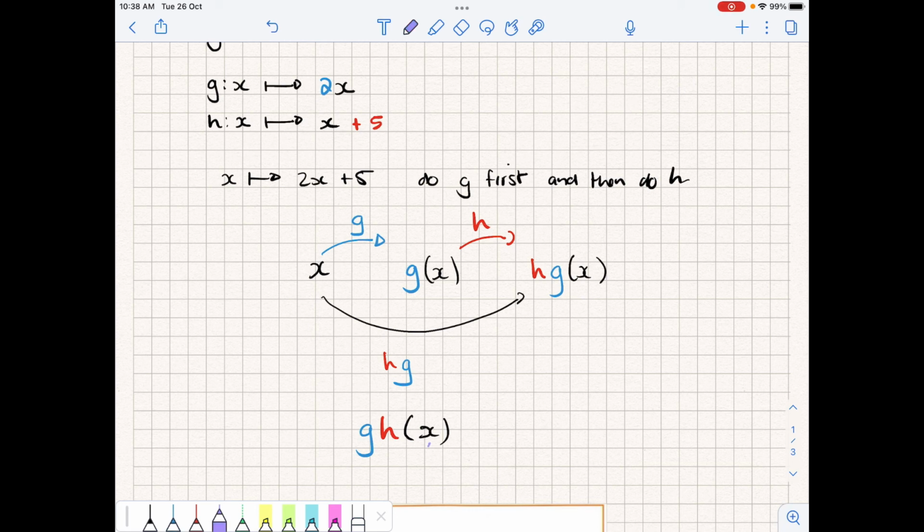So in other words, we're going to do h first. Once we've applied h, we're going to do g. So we start from the variable and we work to the left. So we don't do g first, then h. That's not how it is. It's the opposite way. So let's look at some examples.